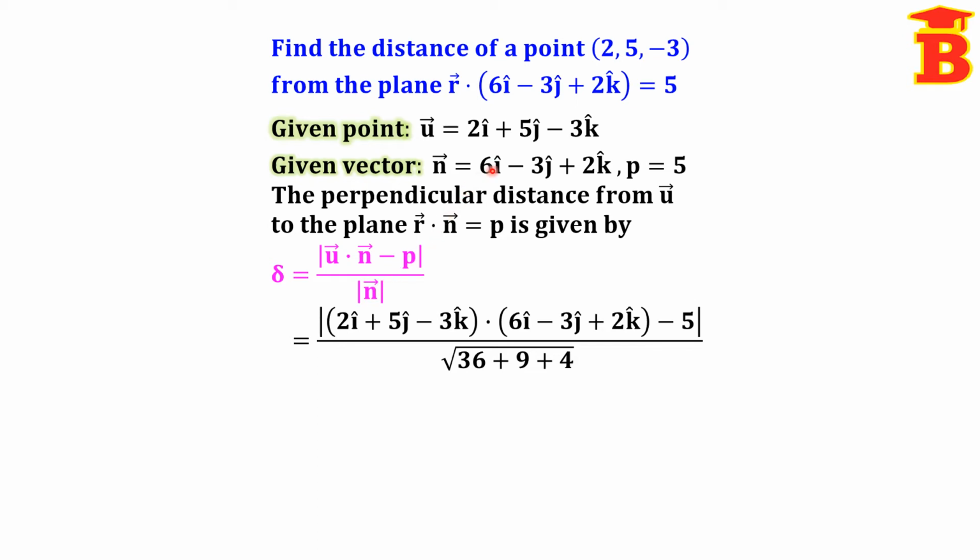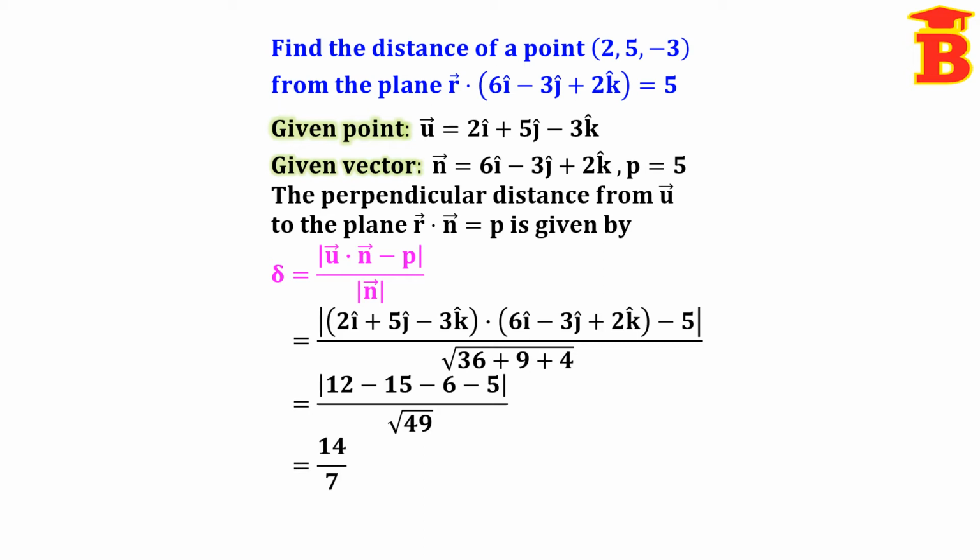So taking modulus of this n vector, that is root of 6 square 36 plus minus 3 square 9 plus 2 square 4. So this is equal to modulus of 2 into 6, 12, 5 into minus 3, minus 15, minus 3 into 2, minus 6, and the last number minus 5, divided by root of adding this, 49.